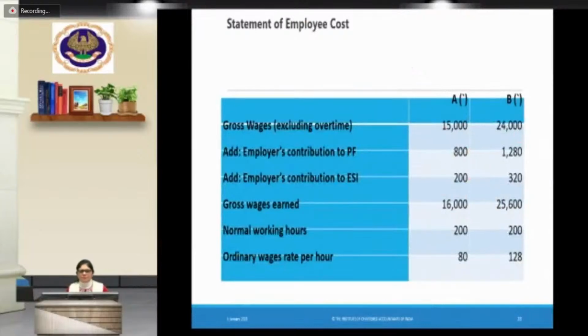All right. So how we calculate the labor cost, we'll just see. This is a statement for the labor cost. We have taken the gross wages here. Gross wages means this is the basic and this is the DA. So gross wages means basic and DA. See, we have added the employer contribution of PF and ESI. So whenever we calculate the employee cost of an organization, we add the employer's contribution.